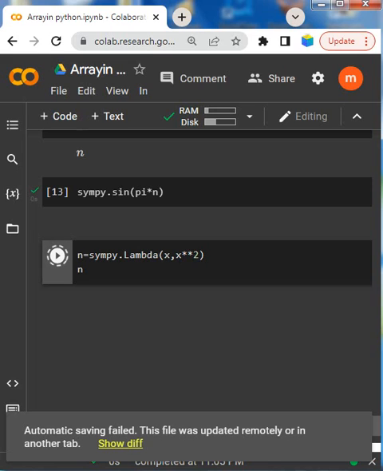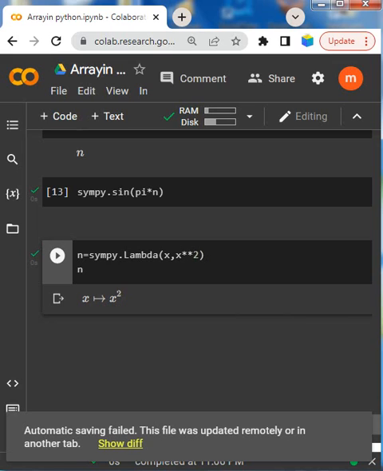N has been printed, and I try to write here, yeah, it has been printed like x tends to x square.